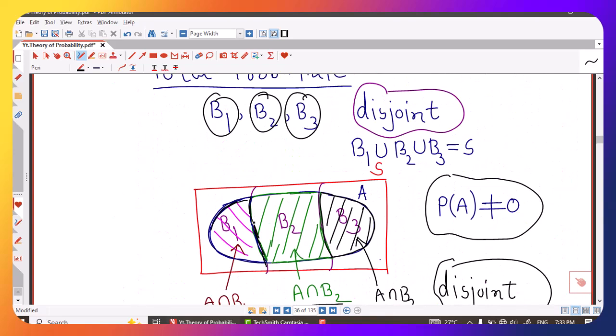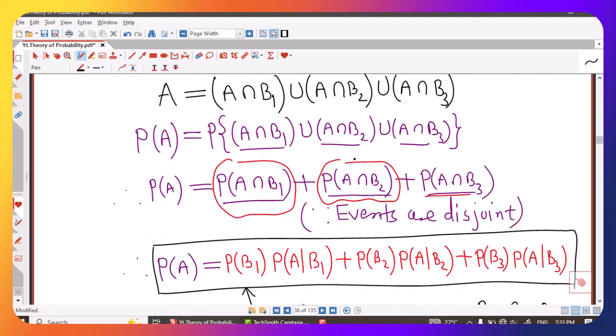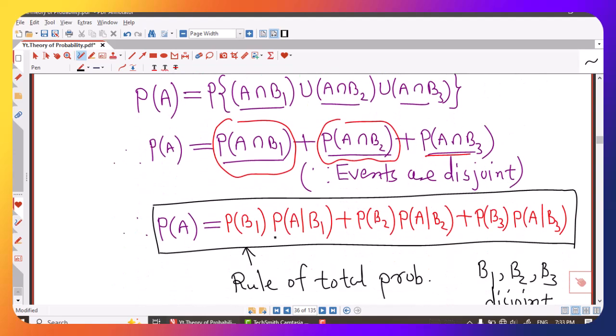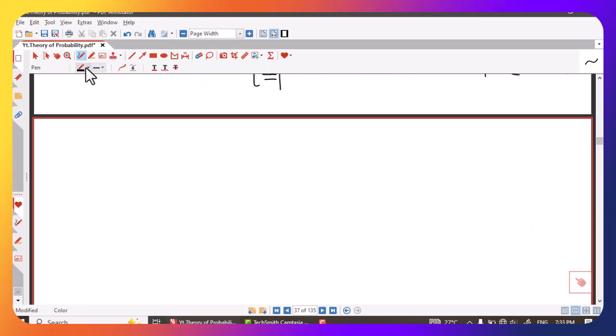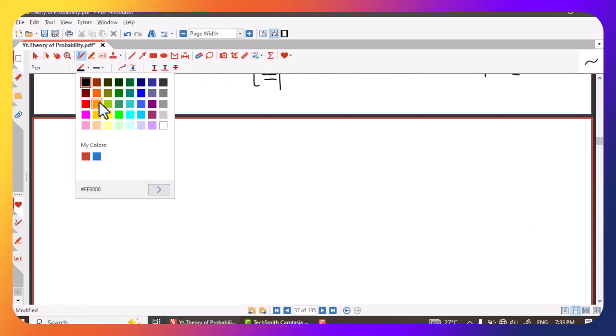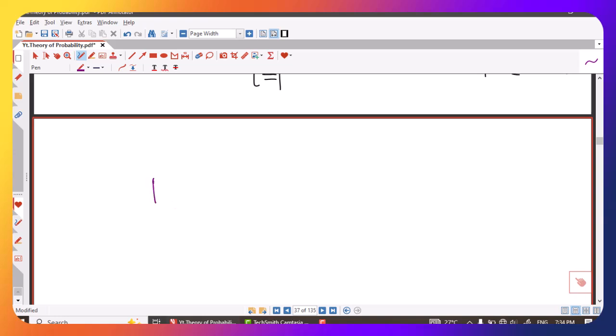So this is the total probability rule, and in the total probability rule we have these conditional probabilities: the probability of A given that B1 has occurred, the conditional probability of A given that B2 has occurred, and the conditional probability of A given that B3 has occurred. Now suppose we have this situation and we are interested in the probability of B1 given that A has occurred.